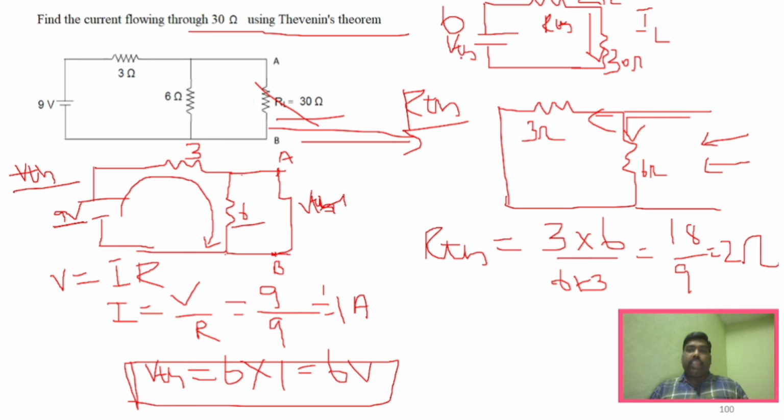Now we know V, and we have R here. So I is equal to V by R, right? So V is 6, and if we have the source here, the current flows in this direction. So this will be series, right? So if this is series, then 6 by 32.